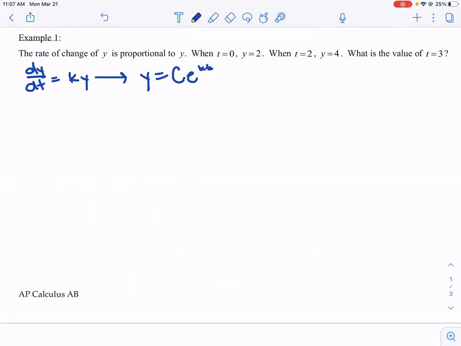Boom, we know it. No more calculus. Otherwise, it's not exponential growth and decay. We know that when t equals 0, y is 2. And we know that when t is 2, y is 4.